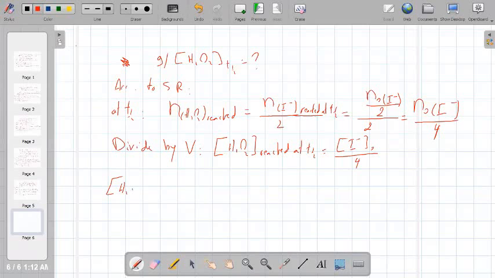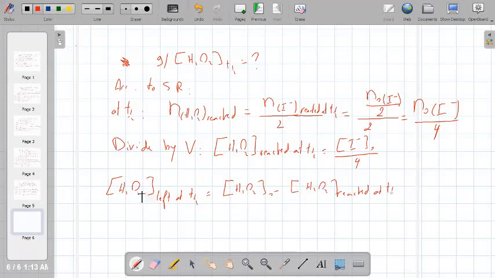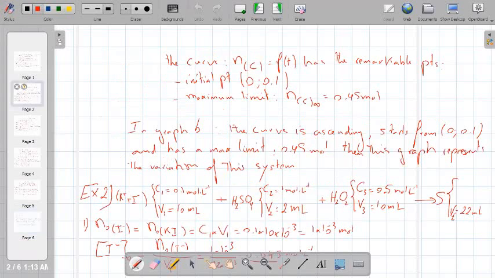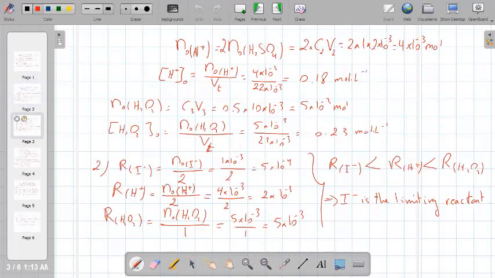Concentration H2O2 left at T-half equals the initial concentration of H2O2 minus the concentration of H2O2 reacted at T-half. The initial concentration of H2O2 we calculated in part 1, on page 3. Initial concentration 0.23.